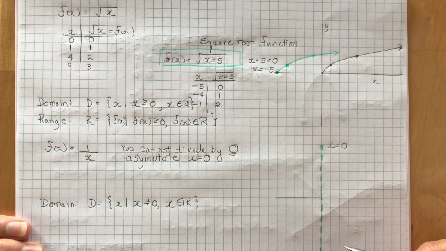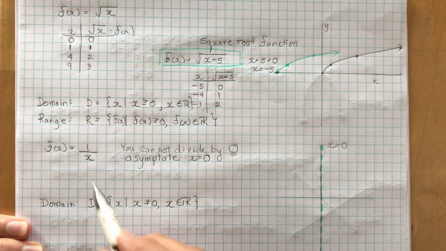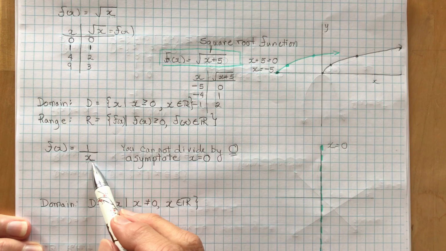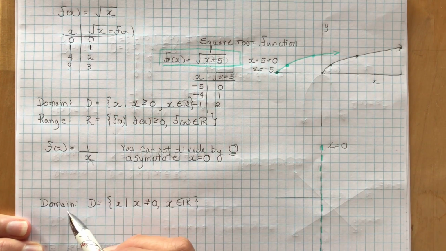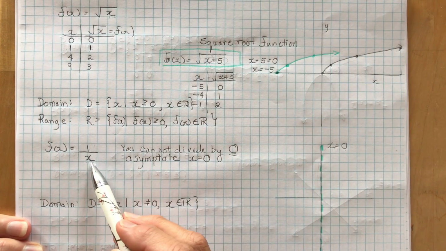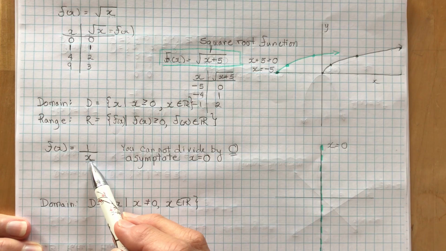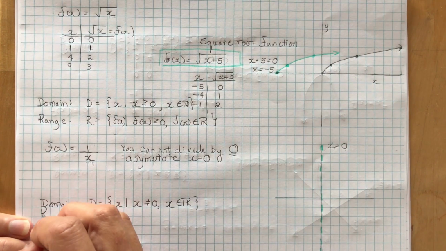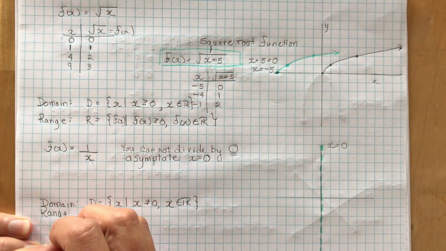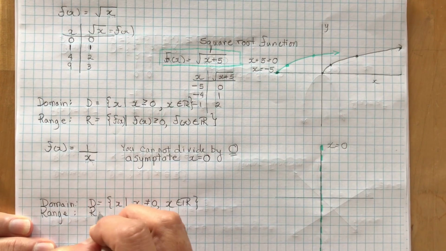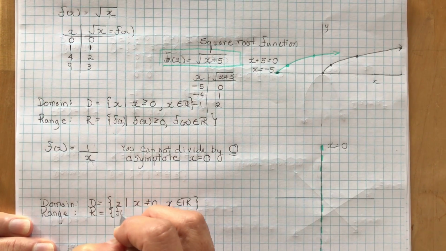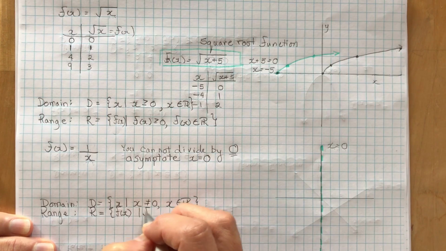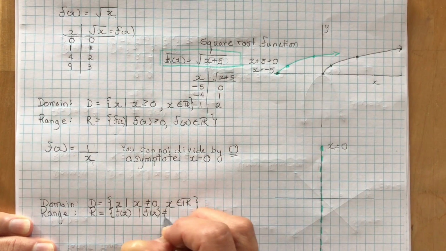Okay, so if x can't be 0, then that means y can never be 0 either. How am I going to make a 0 by dividing by something? You can't divide by something and get 0 for an answer. So that means the range of my function is going to be f(x) such that f(x) can't be equal to 0 either.